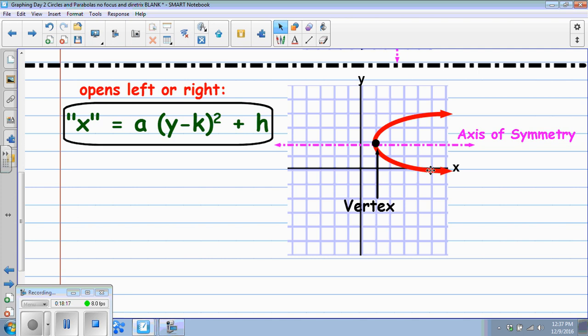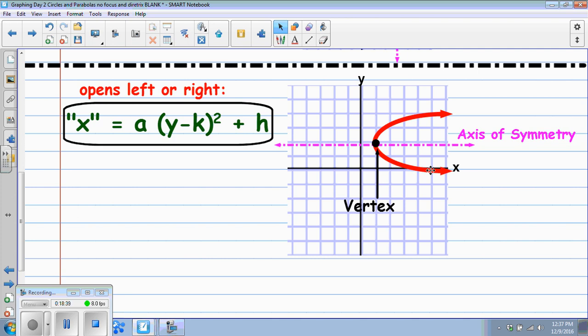So this is saying it shifted so many units on the y-axis. That's your vertical shift, so that's your y-coordinate for your vertex. This h is your x-coordinate. X equals whatever that is. That's your x-coordinate for your vertex.